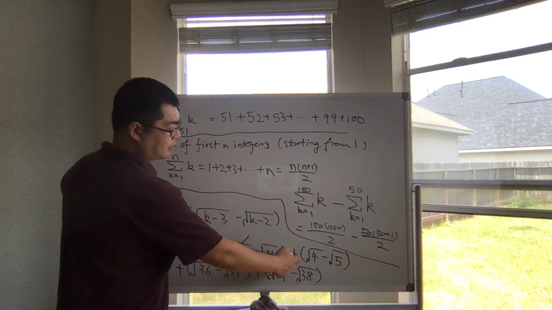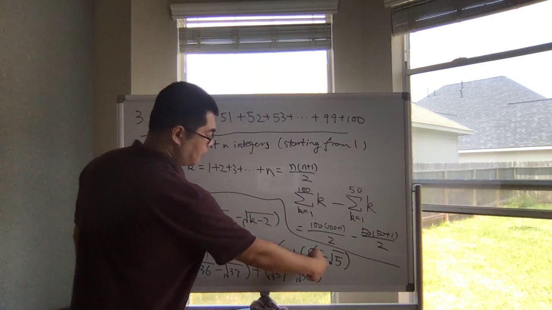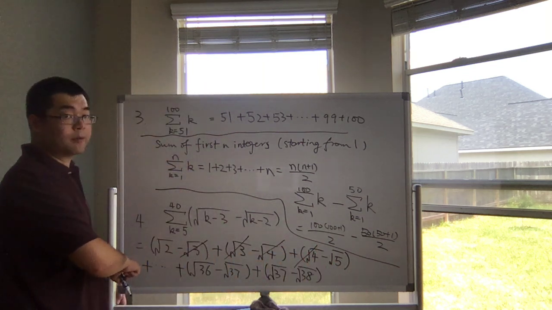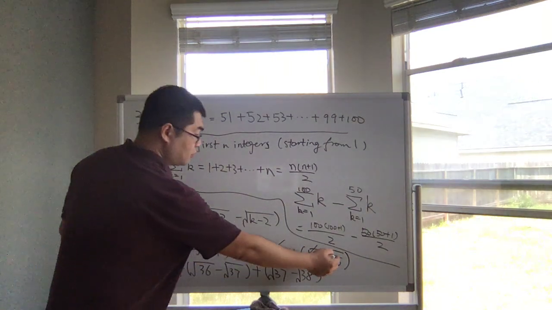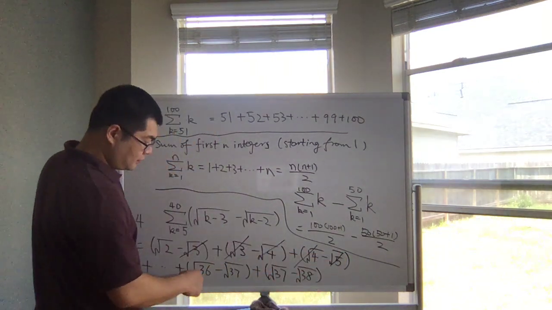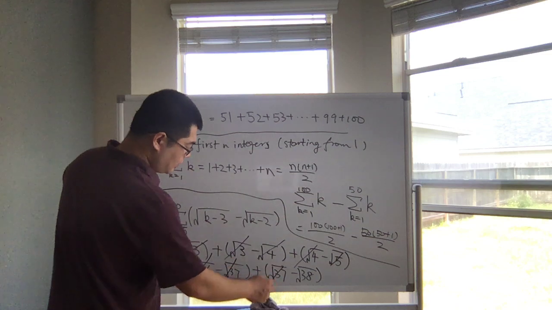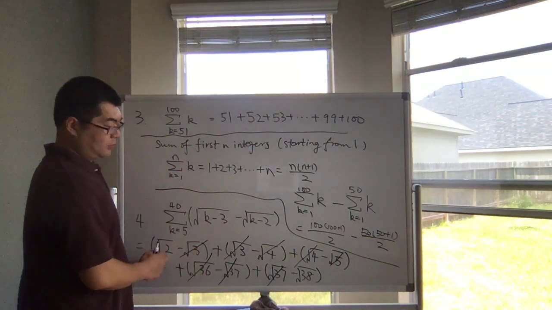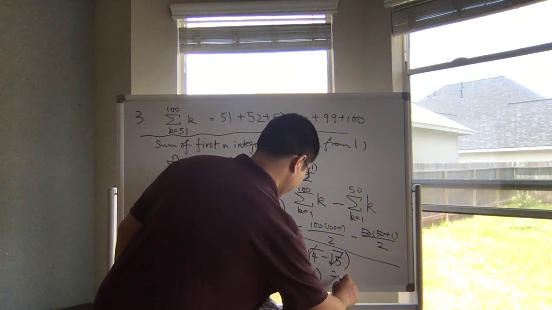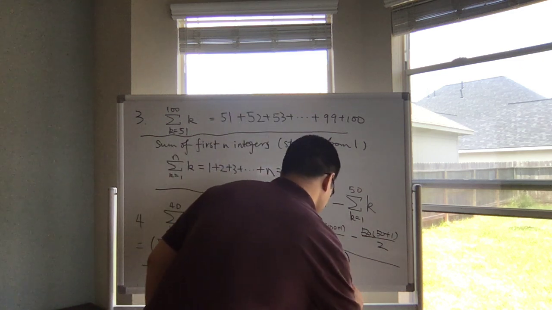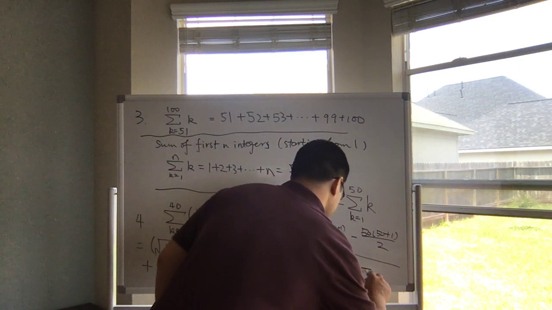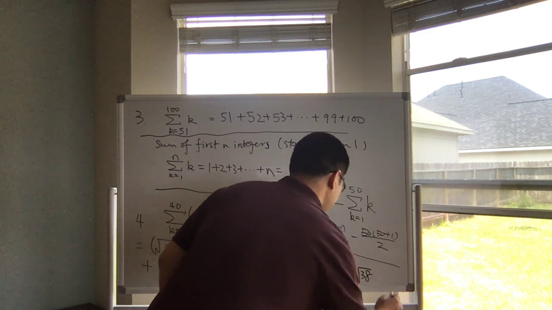Minus square root of 4 plus square root of 4, gone. Minus square root of 5 plus square root of 5, gone. So you will see that there are tons of cancellations here. Only the first radical and the last one are the survivors. So you have square root of 2 minus square root of 38.